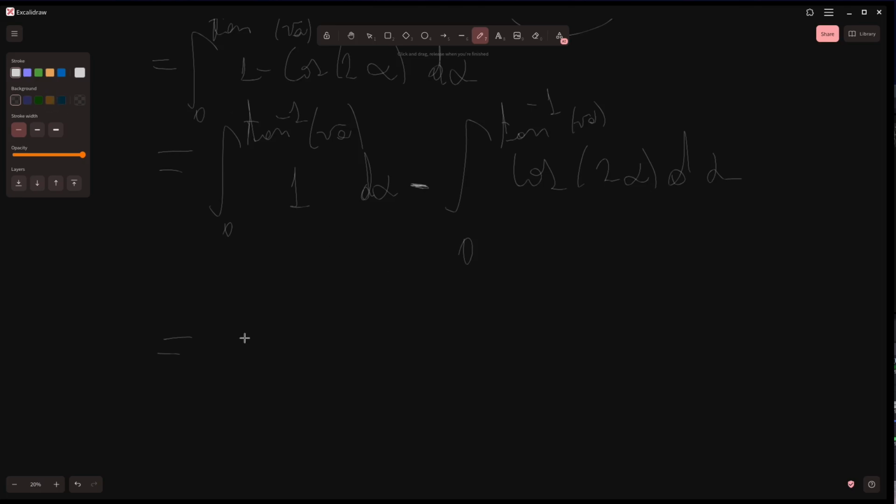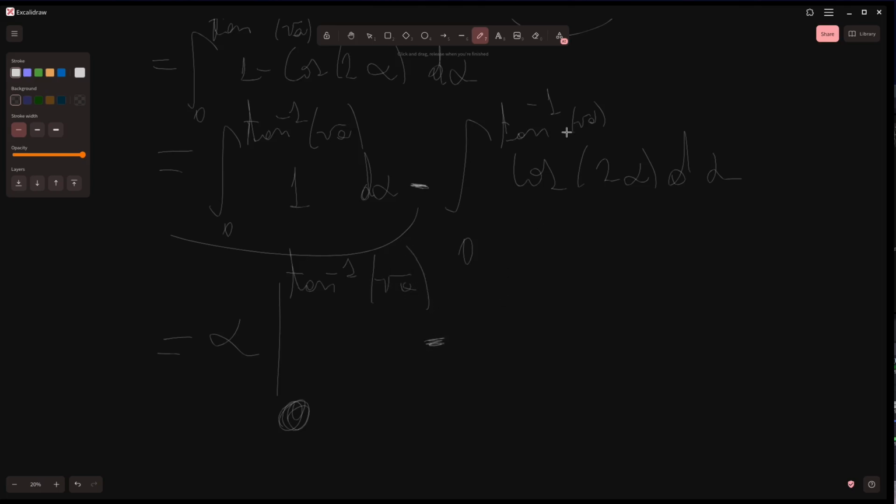So let me see. First I'm going to write this integral. It will be alpha from 0 to arctangent of this.